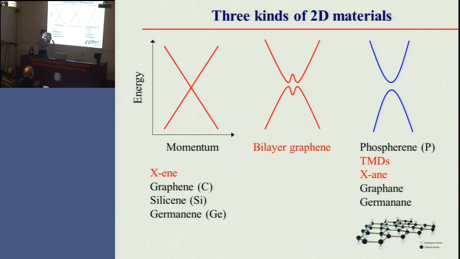Such things are very active nowadays. The third case is phosphorene, or the transition metal dichalcogenides I also mentioned, and also graphane. Graphane is graphene attached with hydrogen atoms like this.